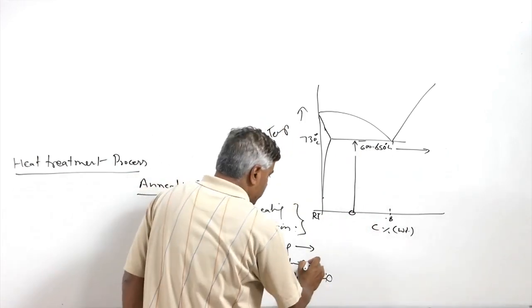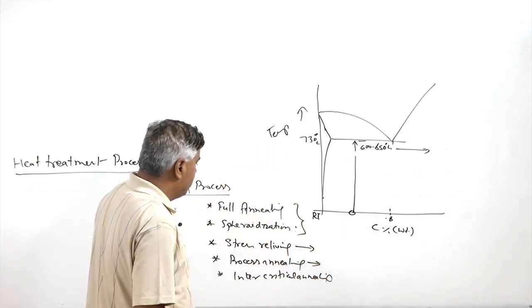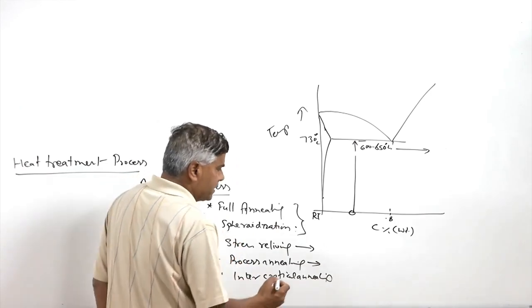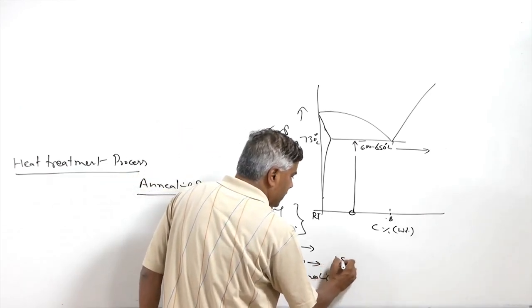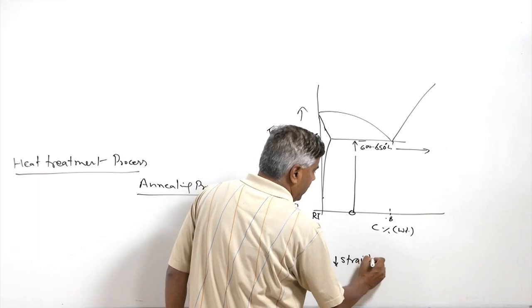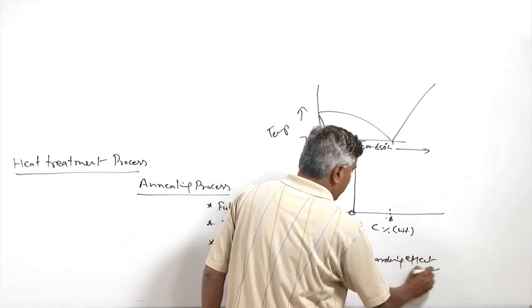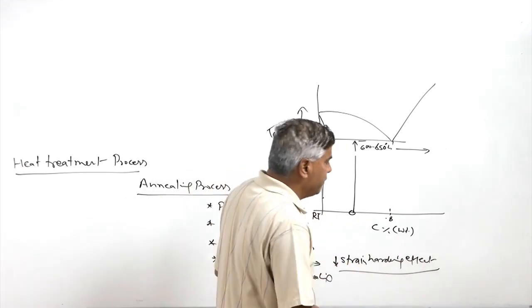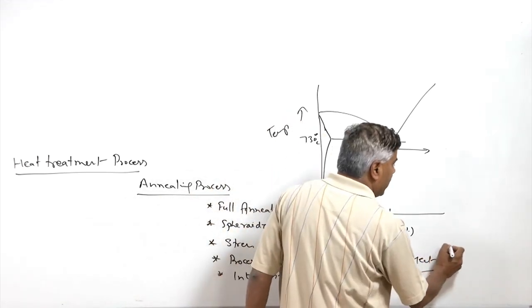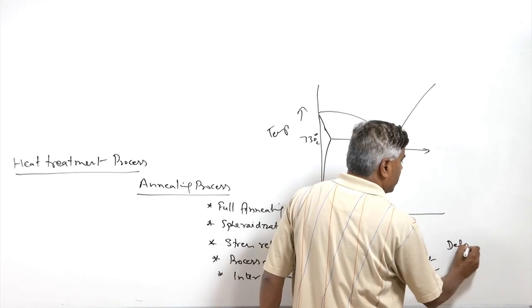Then coming to the process annealing. The purpose of process annealing is to reduce the strain hardening effect, which is normally induced in the course of manufacturing metals by deformation based processes.